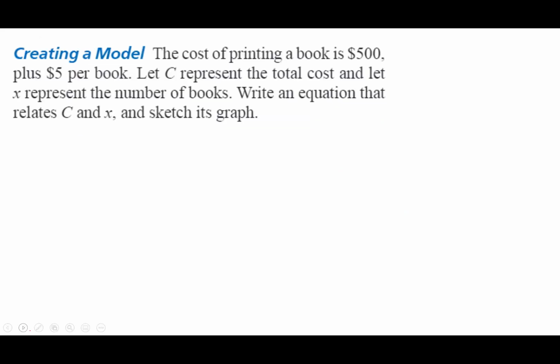The cost of printing a book is $500 plus $5 per book. Let C represent the total cost and let x represent the number of books. Write an equation that relates C and x. Anytime you see the phrase write an equation, it's talking about y = mx + b.